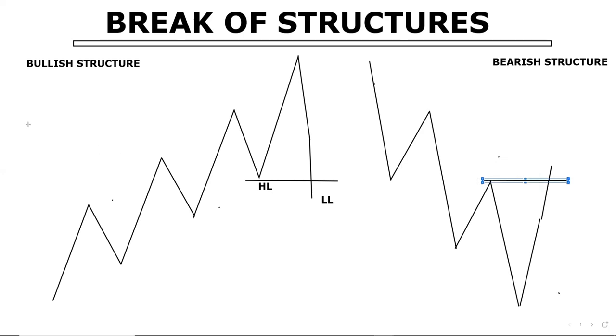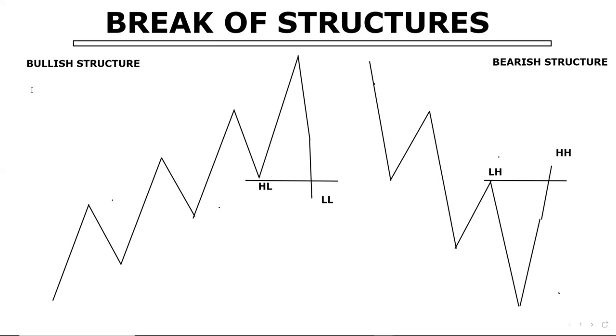So this is a lower high here. Let's go ahead and write that out. This is a lower high. And right now, prices has made a higher high. That is a high that is higher than the previous high. Now, this is what validates the break of structure.